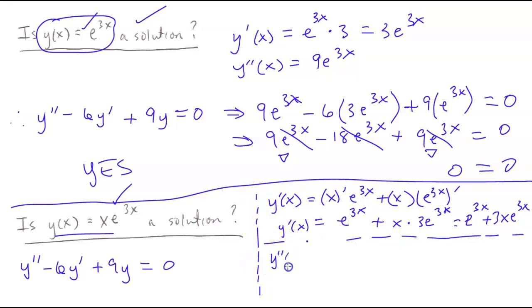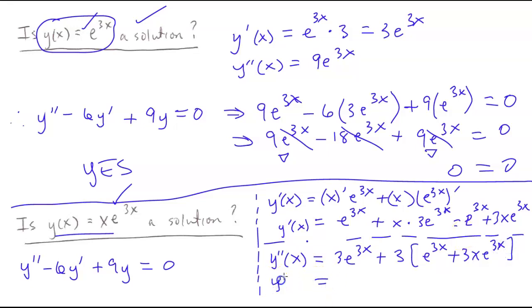The derivative of e raised to the 3x is just 3e raised to the 3x, and plus, we've got a constant 3 times the derivative of x e raised to the 3x, which we just got through finding. It's just e raised to the 3x plus 3x e raised to the 3x.